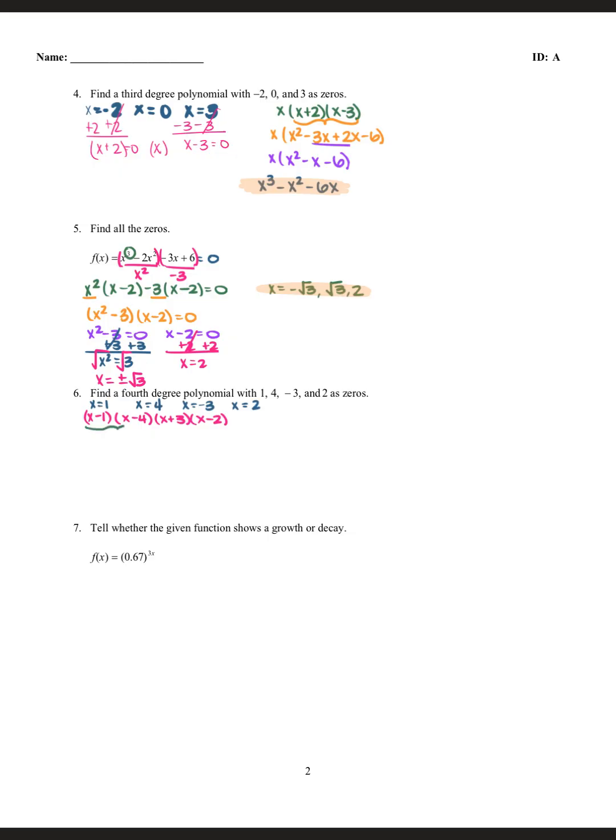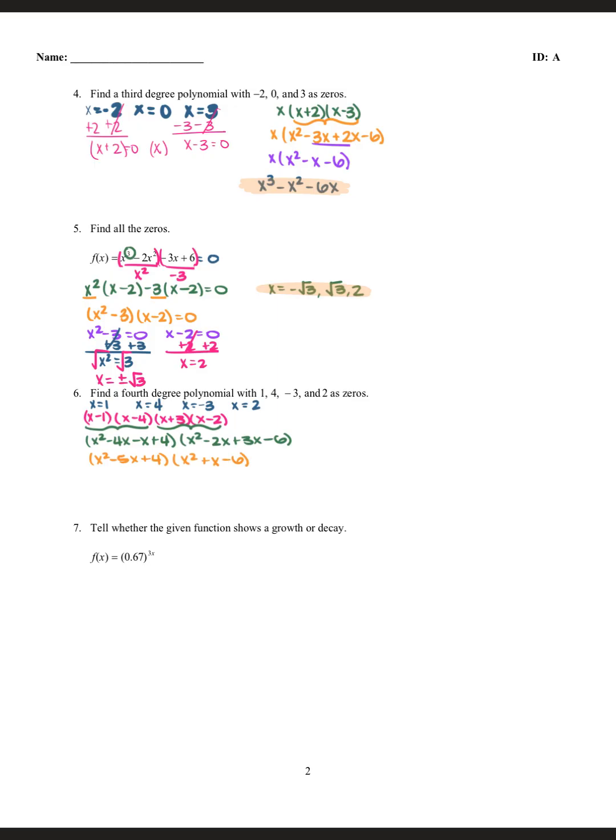So we're going to FOIL out the first 2 and the last 2 together to get x squared minus 4x minus x plus 4, and x squared minus 2x plus 3x minus 6. These will both simplify to give us x squared minus 5x plus 4 times x squared plus x minus 6.